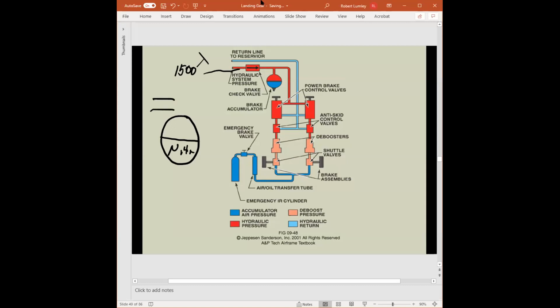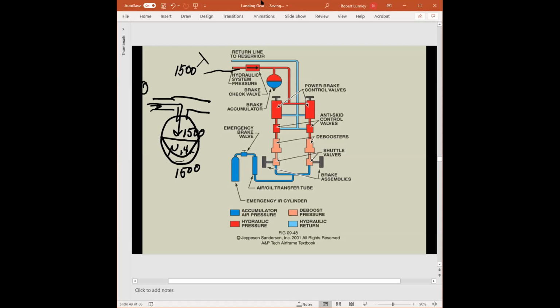So how an accumulator works is this. Now remember, we have a check valve. The 1500 PSI comes in and it pushes against the diaphragm to compress the nitrogen. So now when the nitrogen pressure gets to be 1500, no more fluid can flow in. Now, the check valve prevents the diaphragm, let's say system pressure goes to 0.